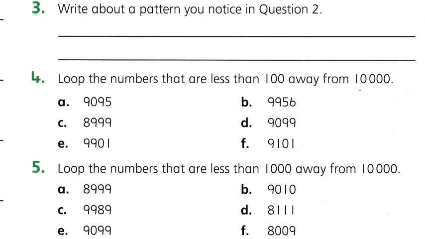Okay, so the next one, it's saying loop the numbers that are less than 100 away from 10,000. So if we take 100 off 10,000, that would be 9,900. So we need to look for numbers that are less than 100 away. So the numbers have got to be greater than 9,900.